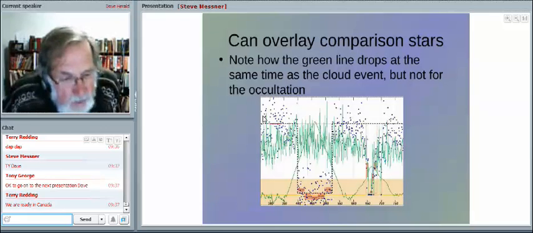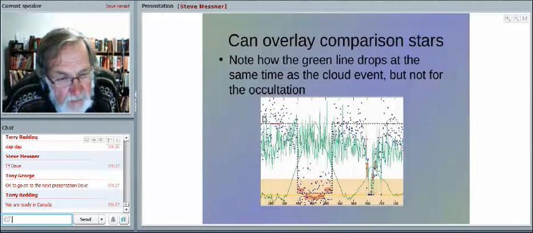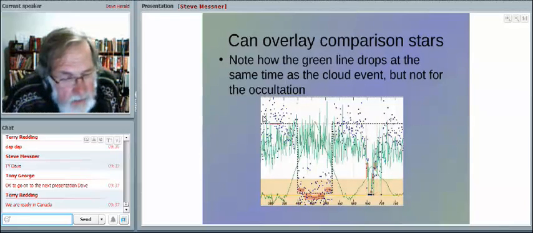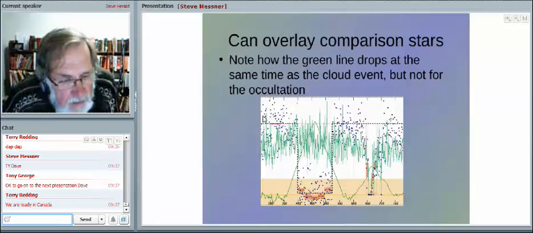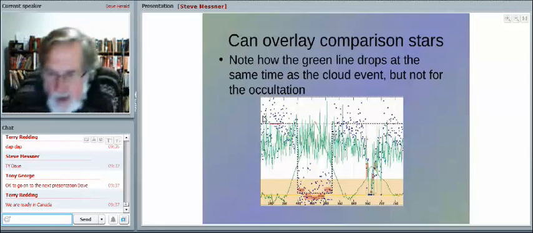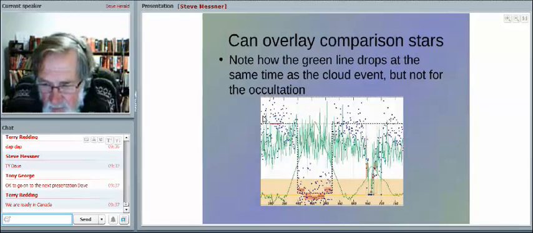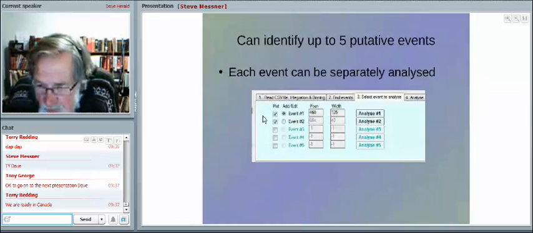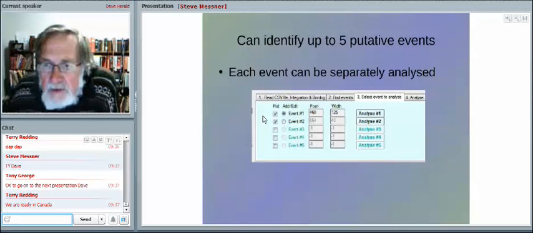With this, you can plot up to 3 comparison stars. You can plot the data as a 5-point running average just to smooth things out a bit. You can also plot the background signal just to see what's going on there as well. Now, if we go on to the next slide.